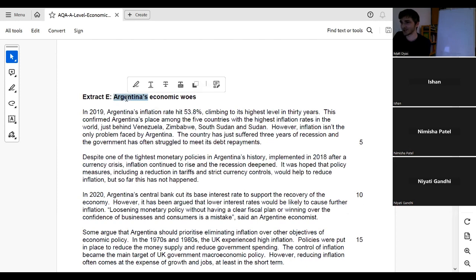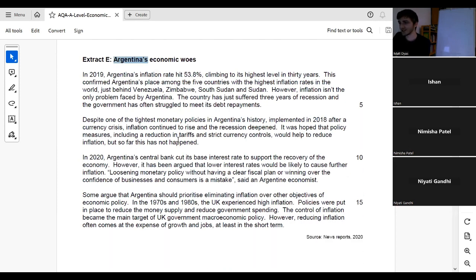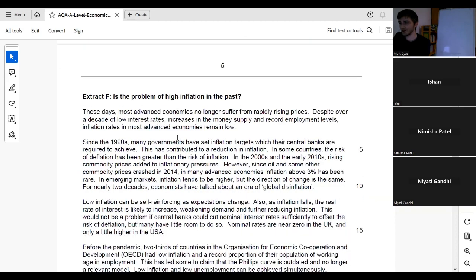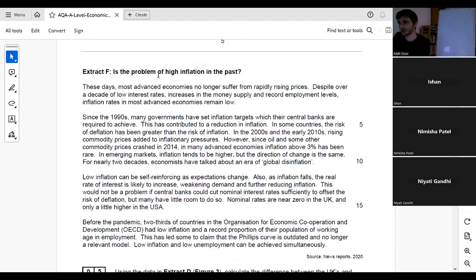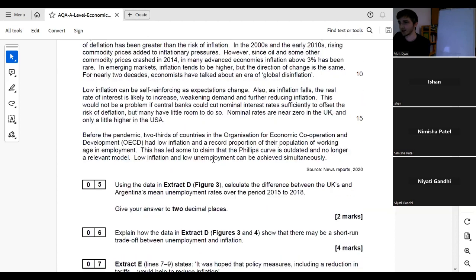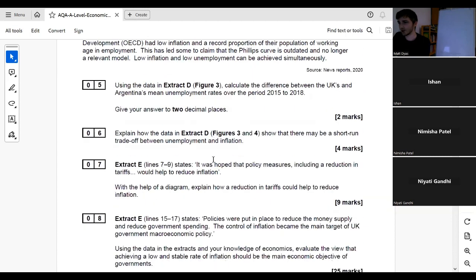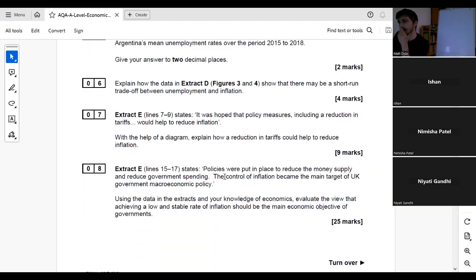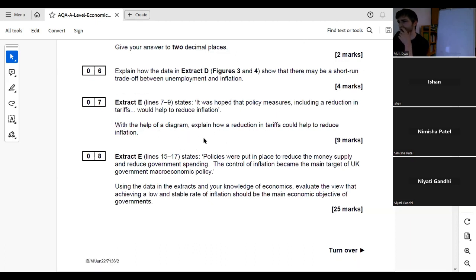Firstly, because it's about Argentina, which, if you know anything about the Argentinian economy, immediately says, ooh, inflation question, and we've literally got an extract with inflation in the title. So I think this 9 marker again is very useful to look at in terms of ADAS mechanics, and we might have a very quick discussion of the 25 marker as well.